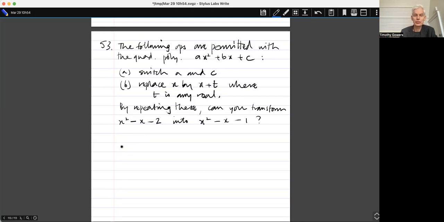What I mean is that, assuming, let's not worry about 0 for the moment, ax squared plus bx plus c equals 0 if and only if c x to the minus 2 plus b x to the minus 1 plus a equals 0.